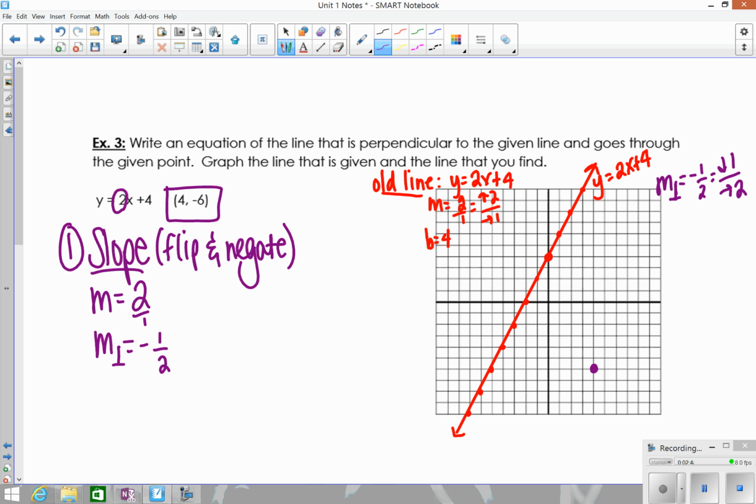And I need to count this slope, so down 1, right 2. The only problem is I'm going away from the y-intercept, so I'm going to go backwards so I can find it. So up 1, left 2. And then I'm going to go ahead and connect it, because it does say to graph it. So here's my line.